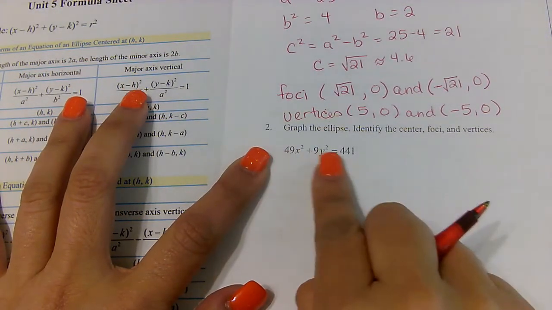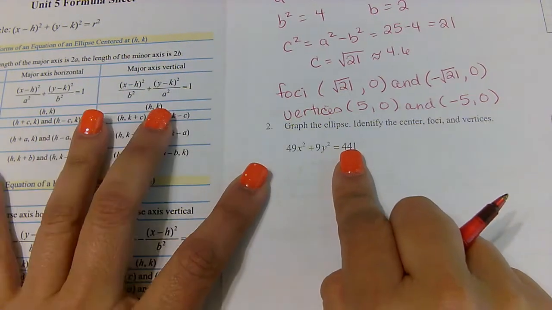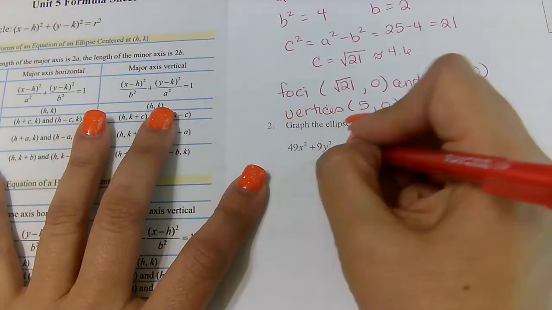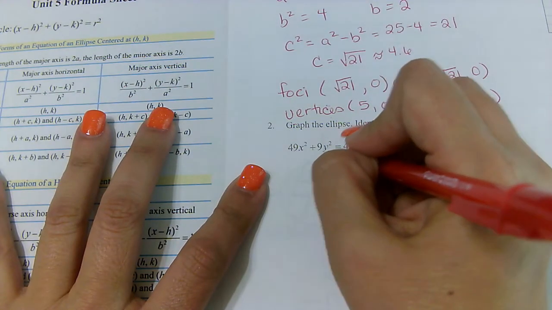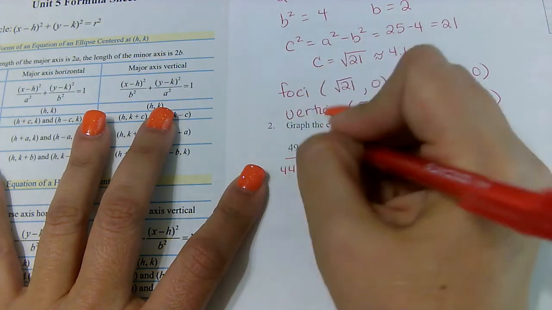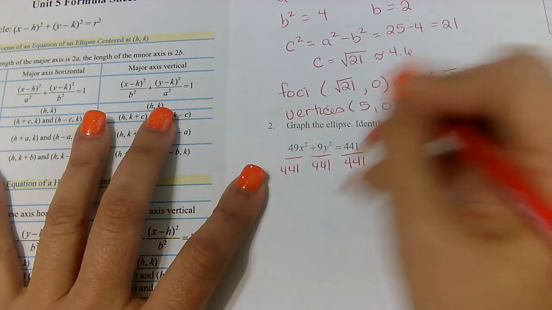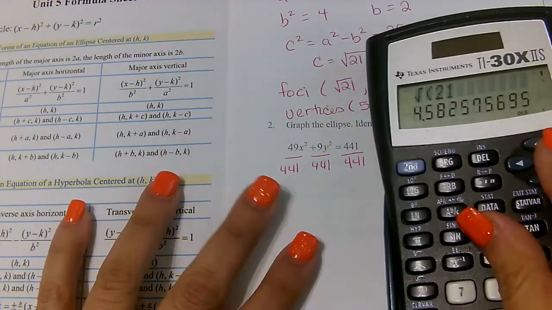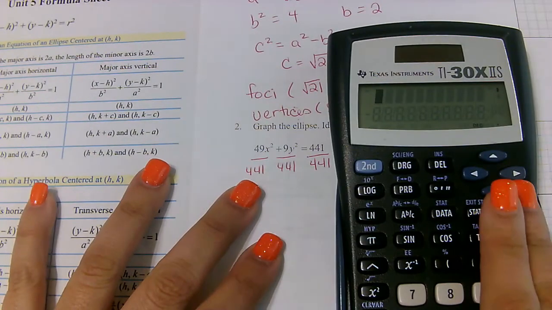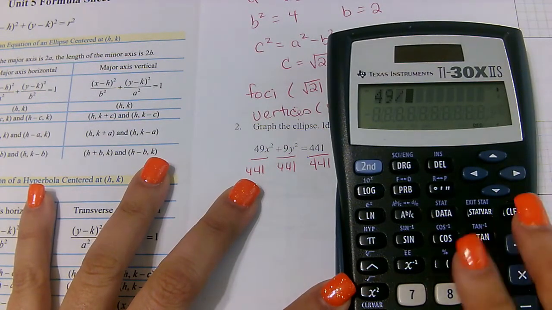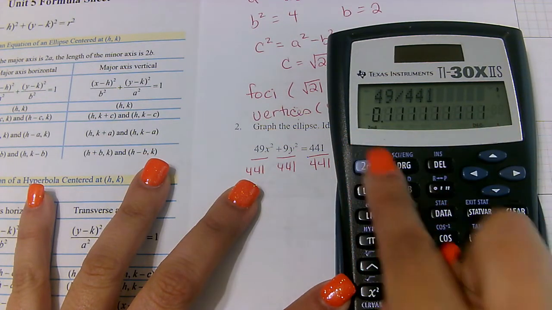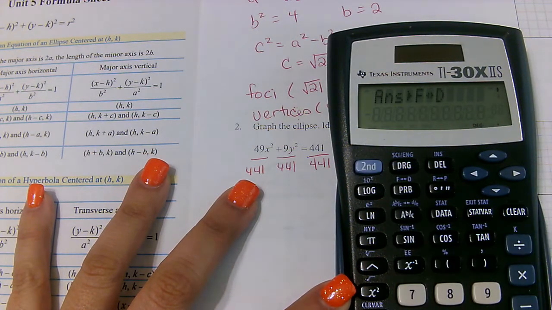Since these don't equal 1, I'm just going to go ahead and make it equal 1 by dividing everything by 441. Use your calculator to simplify. I'm going to go ahead and start with the first one. 49 divided by 441 will get me this, and then I can go ahead and translate that back into a fraction.